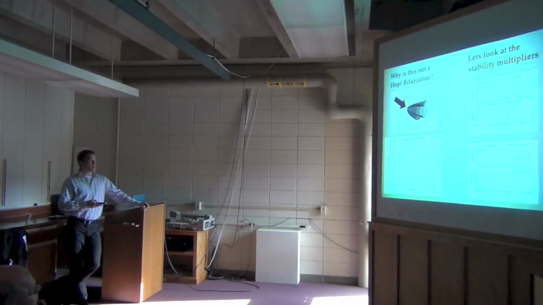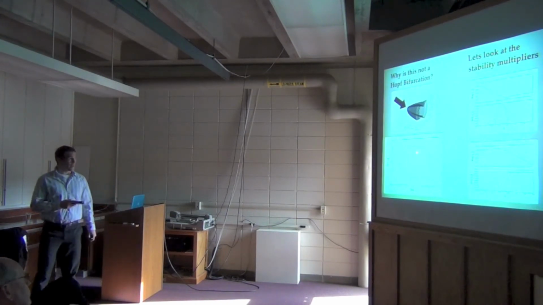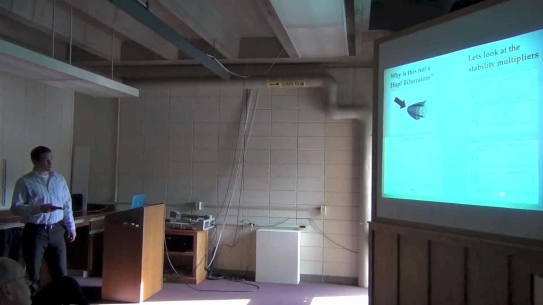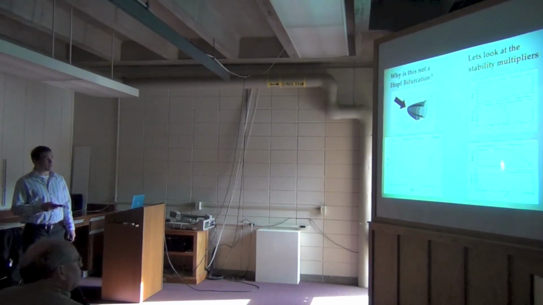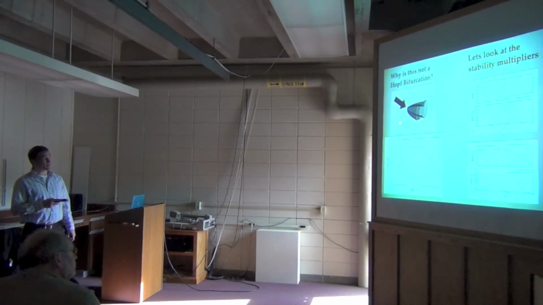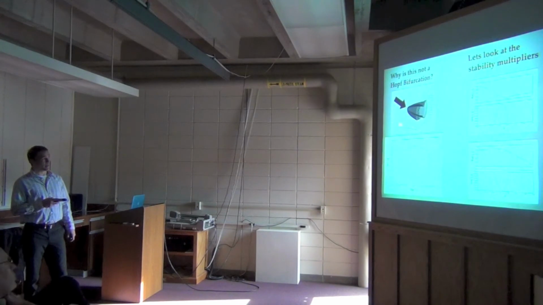Well, I told you what a Hopf bifurcation was as far as the stability multipliers are concerned. First of all, they cross in the wrong direction. And then one of them runs off past the unit circle along the real axis. They cross the imaginary axis here at around 0.53, and that's nowhere to be found on this diagram.